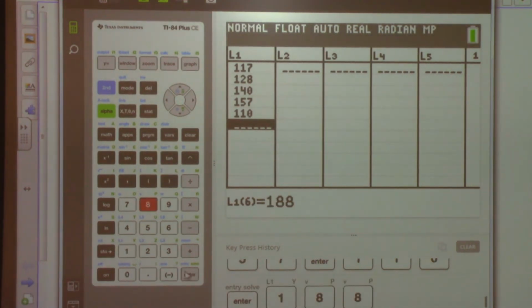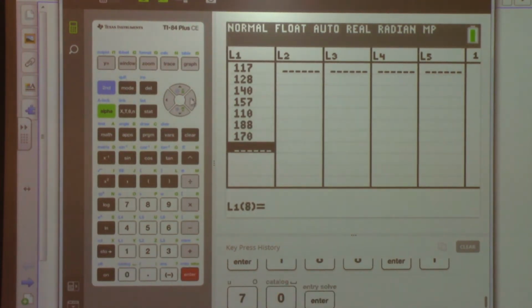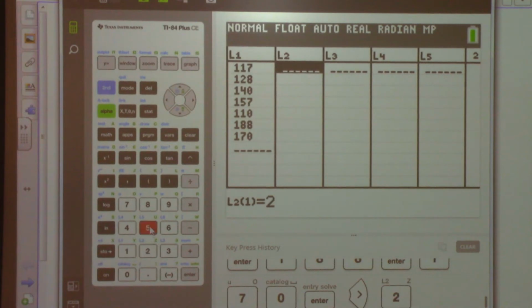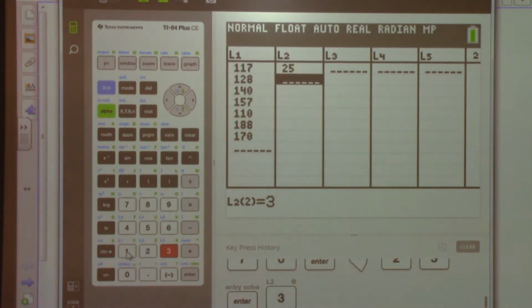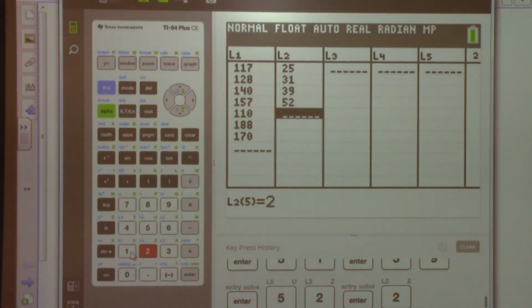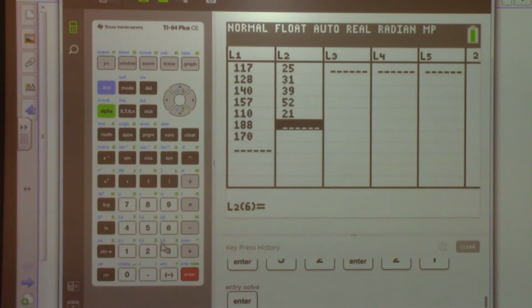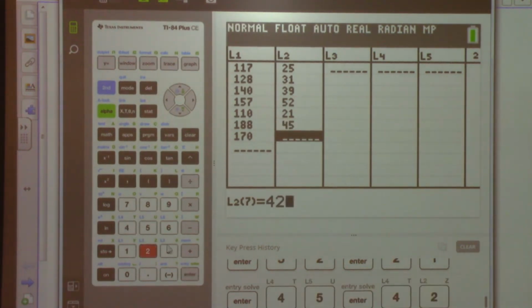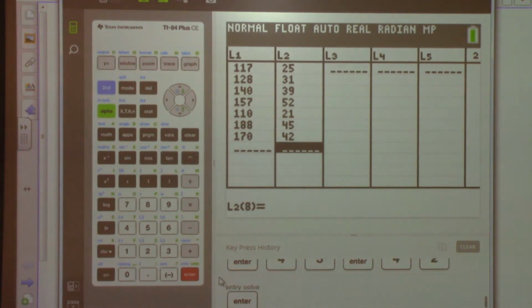And 170. Then on the other side it'll be 25, 31, 39, 52, 21, 45, 52. Okay, so we have those.